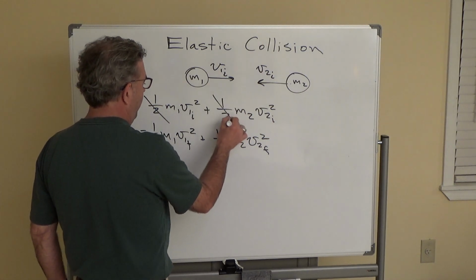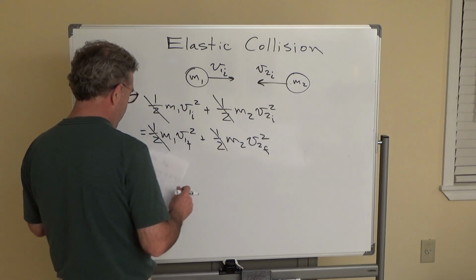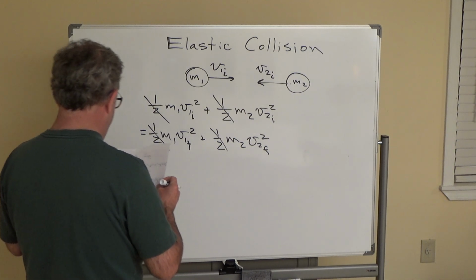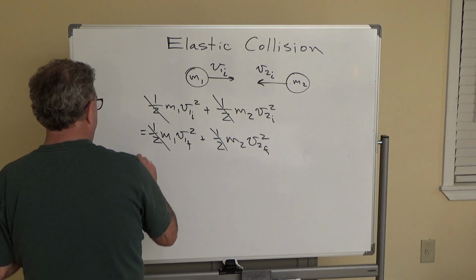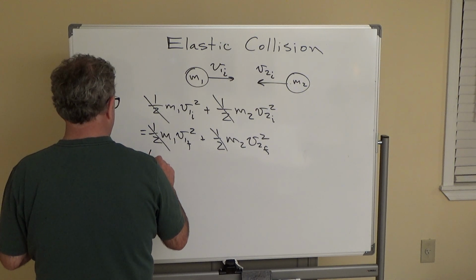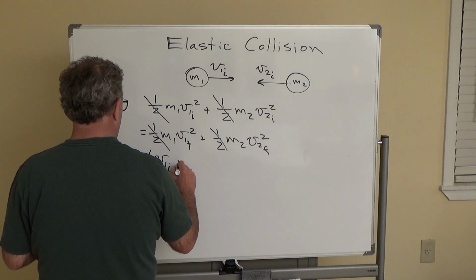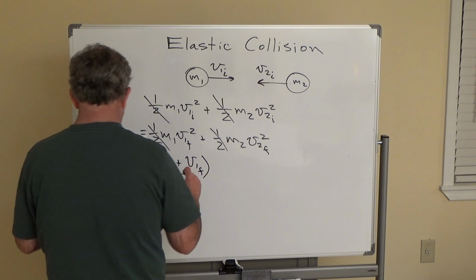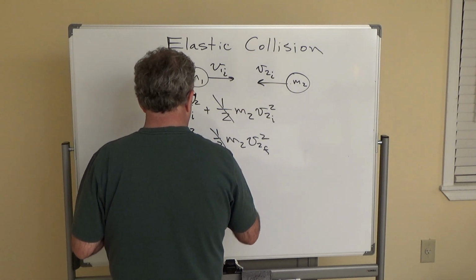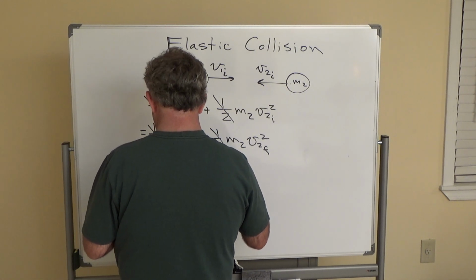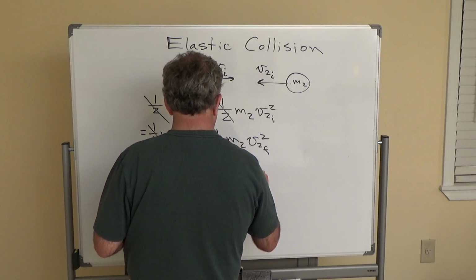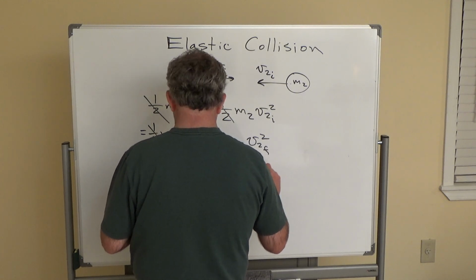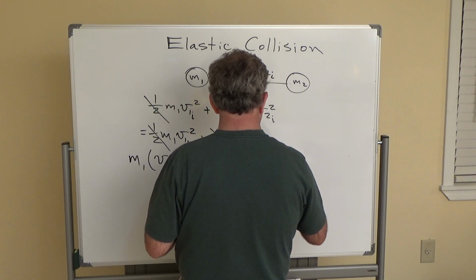All the 1/2s cancel, okay? And you can do a little algebra and you get M1 times (V1 initial plus V1 final) times (V1 initial minus V1 final) equals M2 times (V2 final plus V2 initial) times (V2 final minus V2 initial).